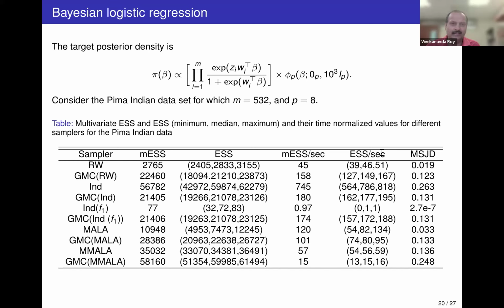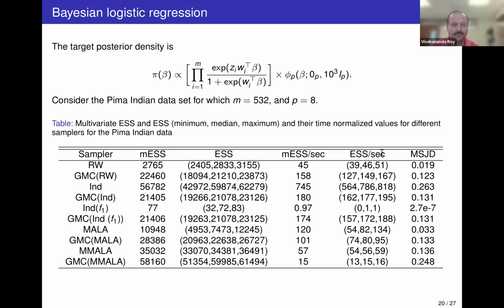And I ran different algorithms: the random walk, the geometric version of the random walk, an independent algorithm, the manifold MALA, and the MALA. By the way, here I'm using k equal to 1 and G to be the Bernstein-von Mises approximation of pi.